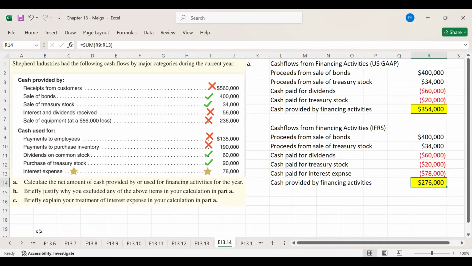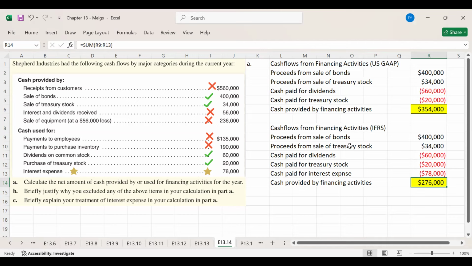For the answer of part C, briefly explain your treatment of interest expense in your calculation in part A. Although we have already discussed the treatment of interest expense under US GAAP or IFRS, interest expense could be classified as a financing or operating activity in the statement of cash flows. Interest expense is classified as a financing cash flow on the ground that it is a cost of obtaining financial resources.